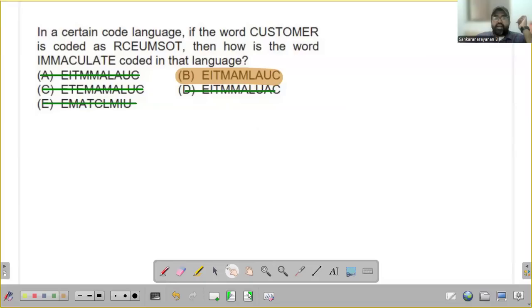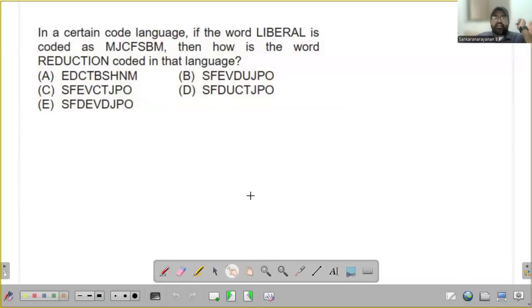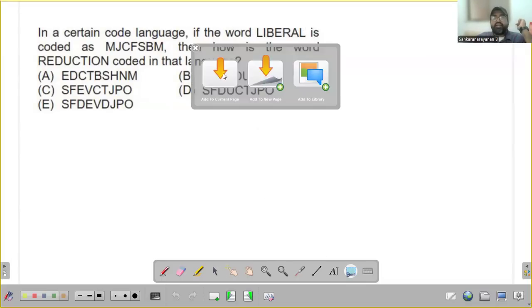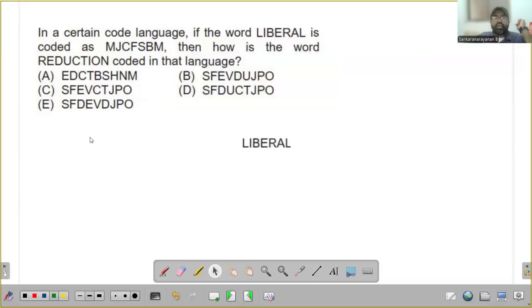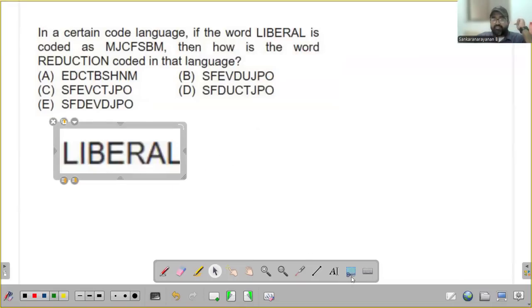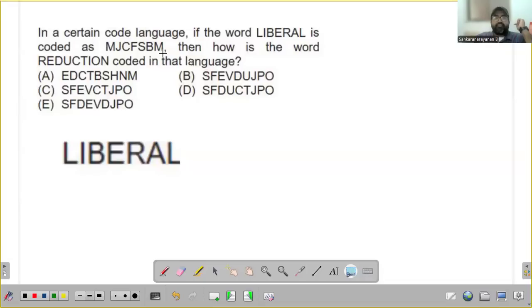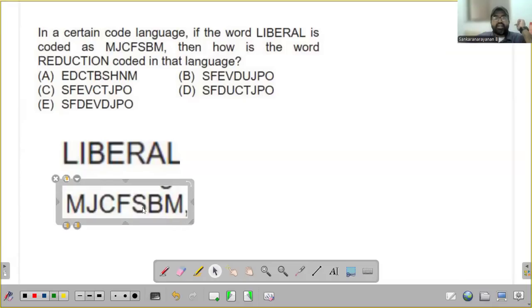Okay. Let's now consider the next word here. In a certain code language, the word liberal, you can see that it is coded as MJCFSBM. So let us study this. This is the trigger that we are considering.